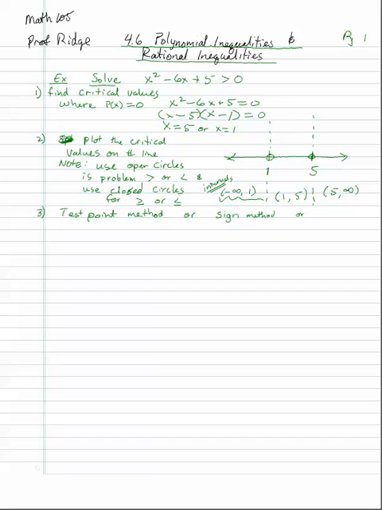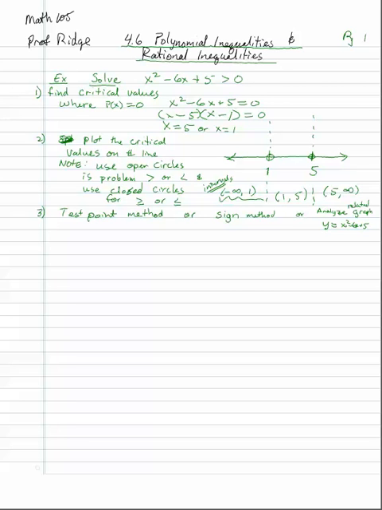Or we can think about the graph, what's called the related graph. I should write related graph: y equals x squared minus 6x plus 5.